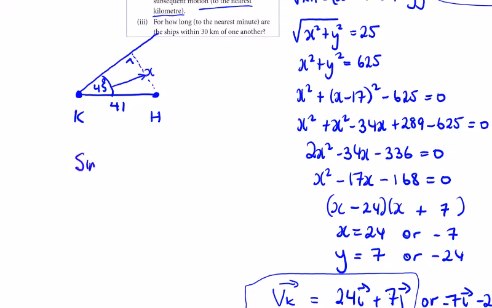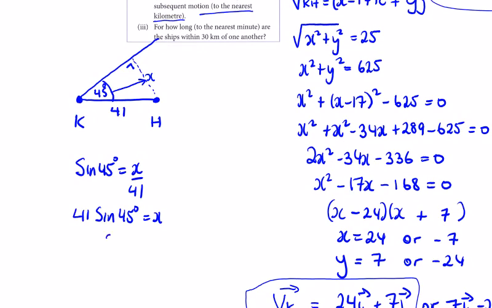So the sine of 45 is equal to opposite over hypotenuse. So 41 sine 45 degrees is equal to x. And we put that into a calculator. To the nearest kilometer that gives 29 kilometers, being the shortest distance between them.